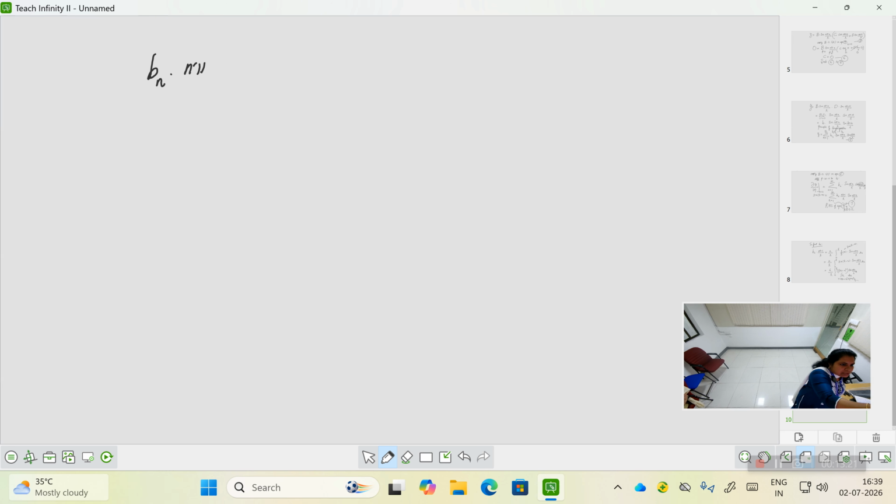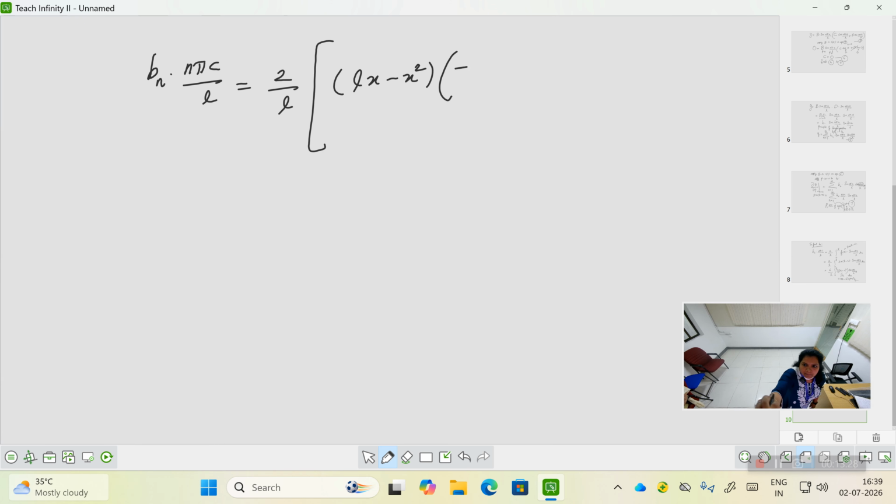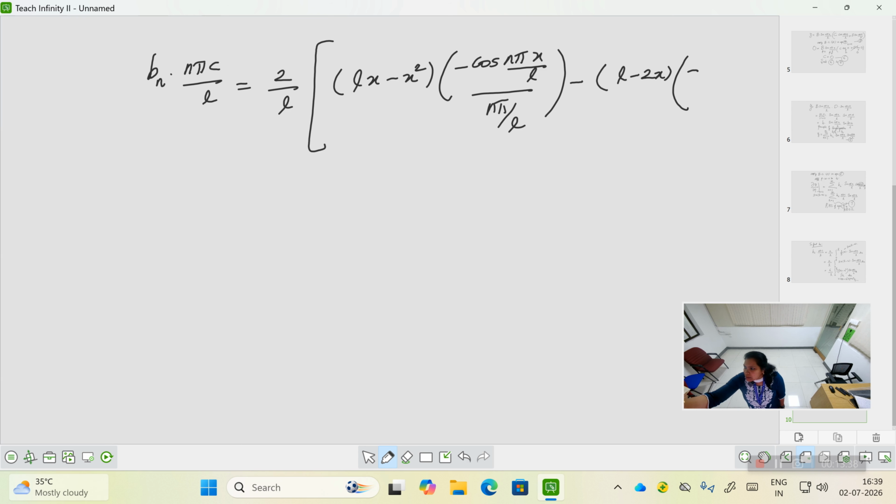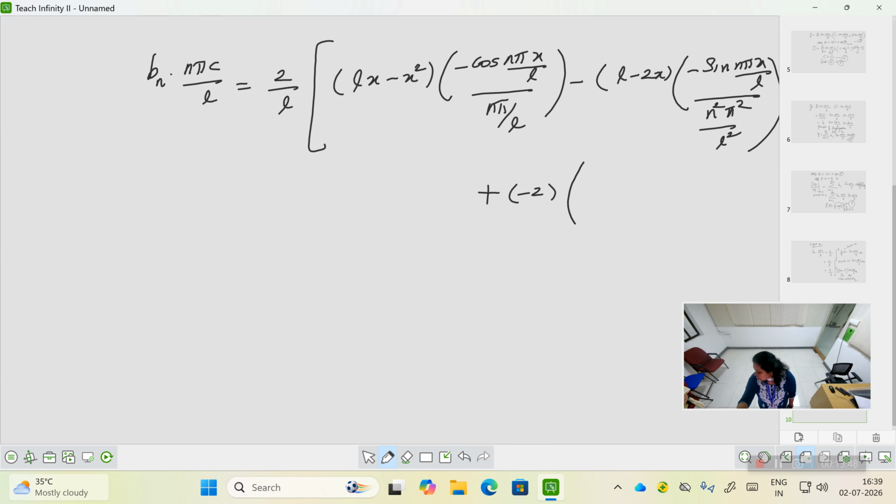So you are having in the LHS n pi c by L, 2 by L. Substitute now: Lx minus x square into minus cos n pi x by L divided by n pi by L, that is uv, minus u dash into minus sin n pi x by L divided by n square pi square by L square, plus minus 2 cos n pi x by L divided by n cube pi cube by L cube.